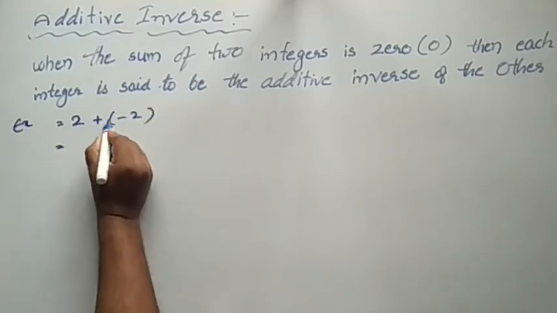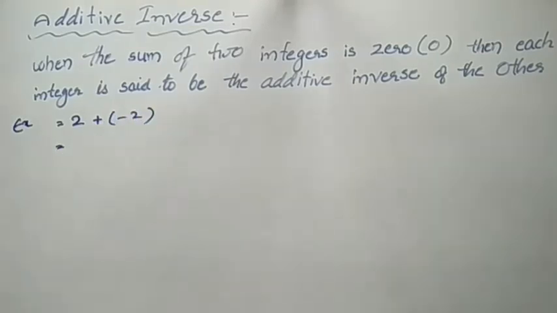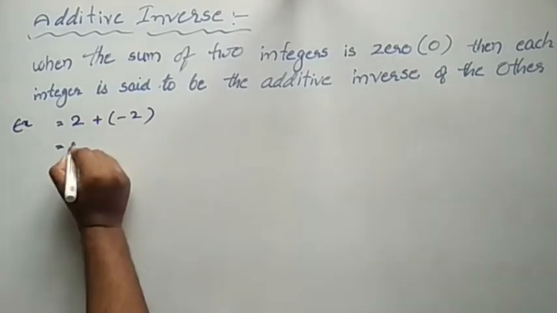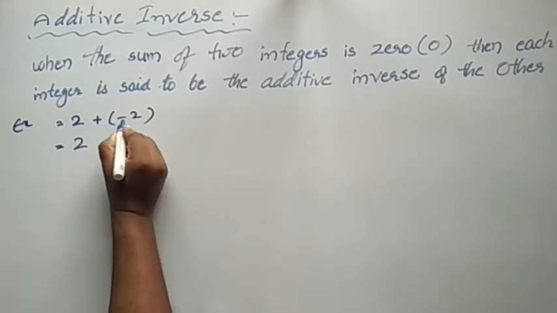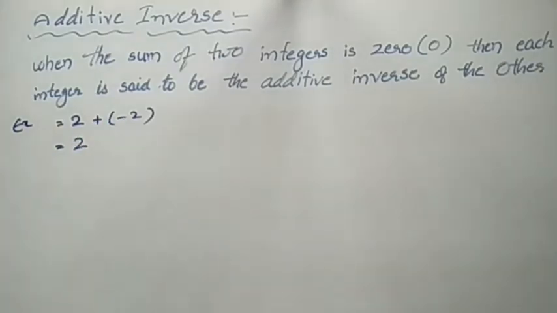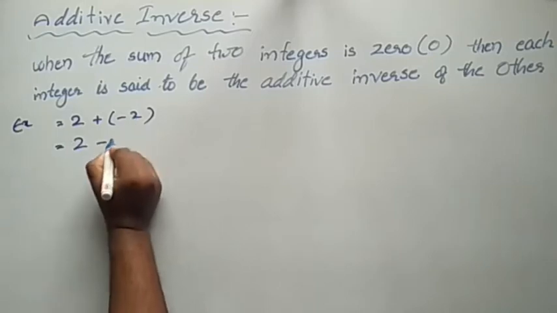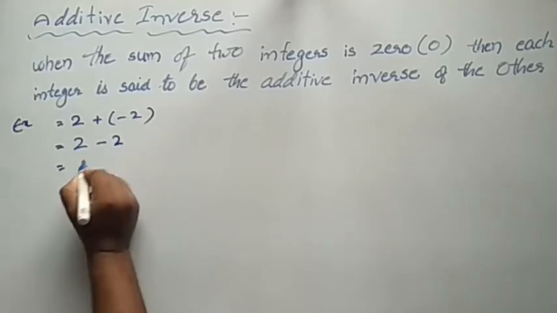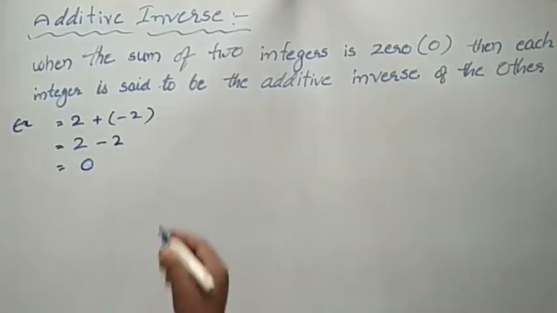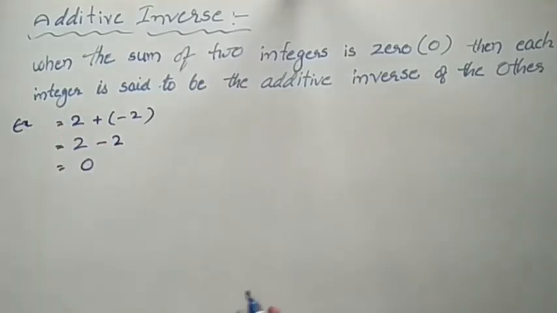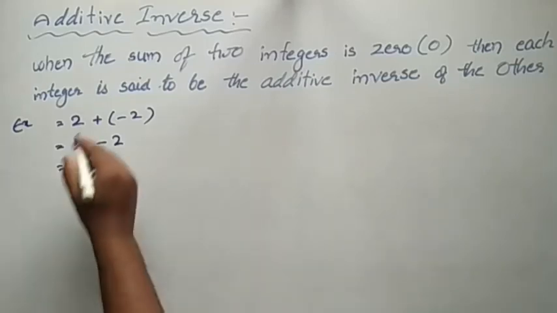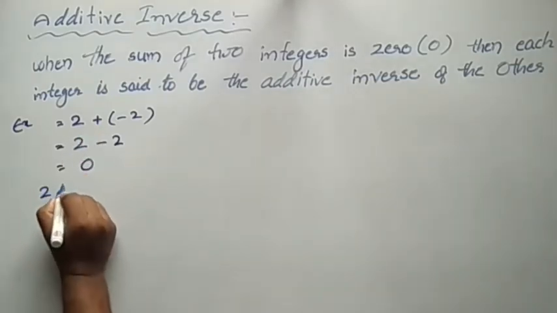I think everybody knows that a bracket means multiply, or we can think of it as 'of'. So plus into minus is minus, so this is 2 minus 2, which is 0. So when the sum of the two integers is 0, each integer is said to be the additive inverse of the other.